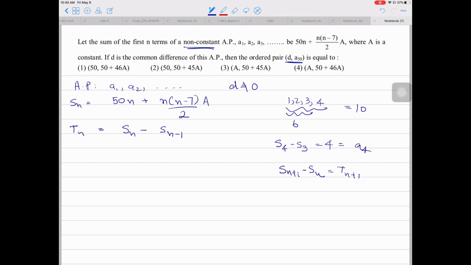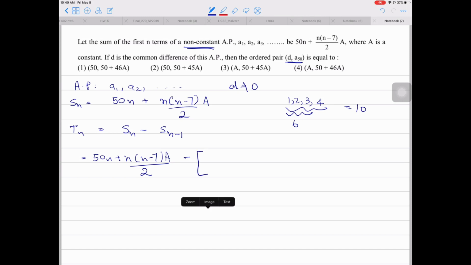It's the same thing. So here we know that S of n is 50n plus n times n minus 7 times a over 2 minus S of n minus 1, which is 50 times n minus 1 plus n minus 1 times n minus 1 minus 7 times a over 2.